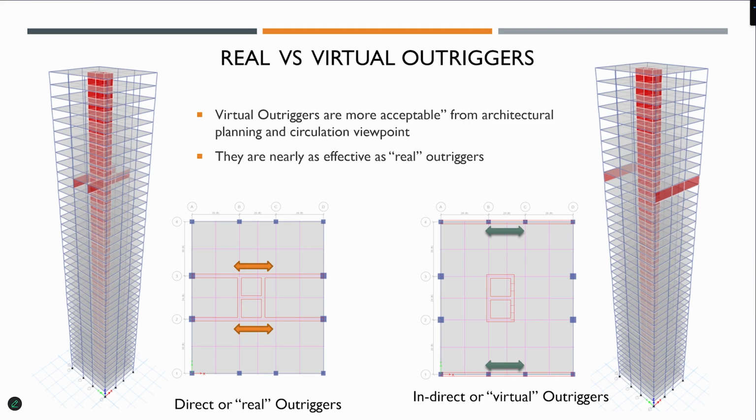Diaphragm effect. The thing is that the two floors are very rigid in plane. So whether they are blocked at the wall level or anywhere else, the whole floor is now unable to have shear deformation. So it becomes a solid block. Whether the outriggers are directly connected to the wall or are just blocking that whole floor from deforming, the whole floor becomes a solid, big block, like a box.